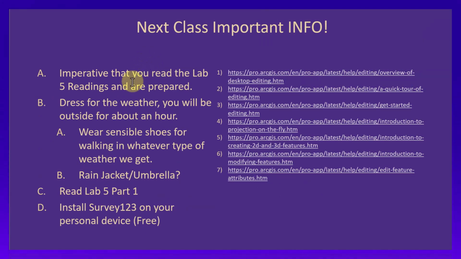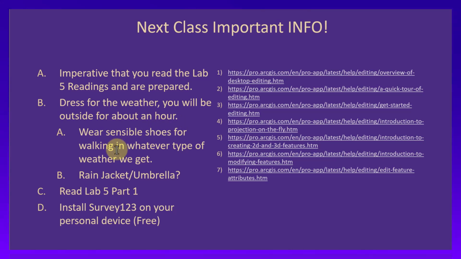Important information for the next class. It involves the preparation material for the next lab, the next week. Make sure you read all of the Lab 5 readings and you're prepared. Dress for the weather. You'll be outside for about an hour during class.